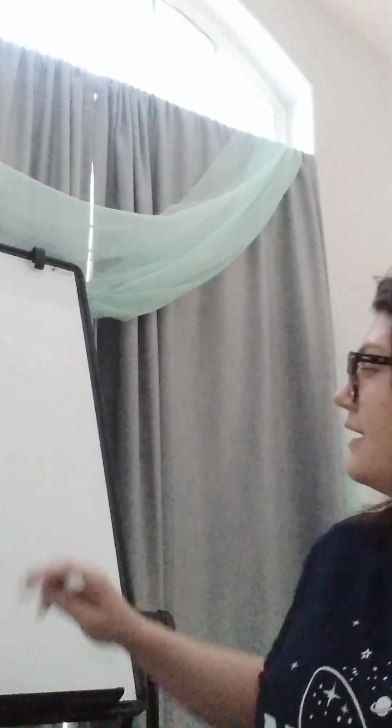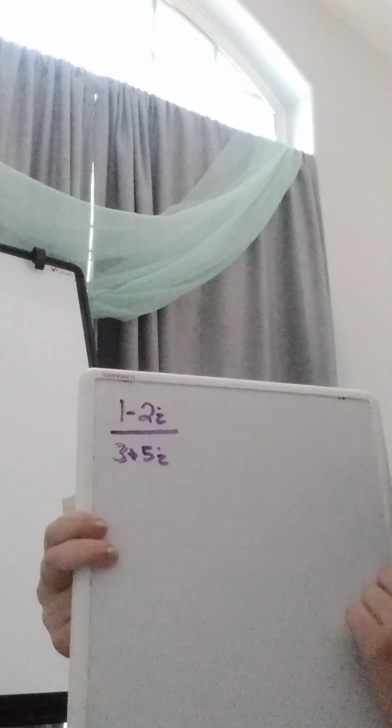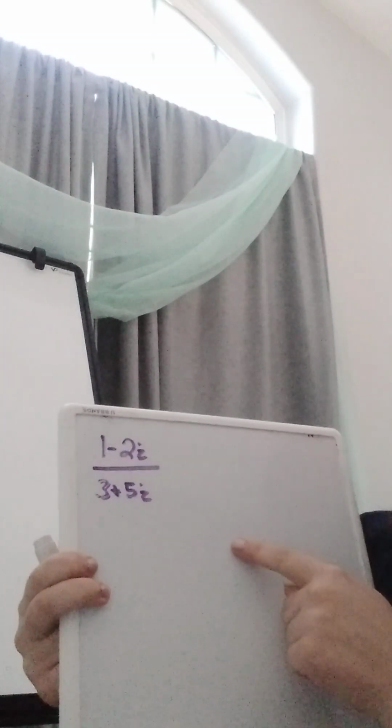Tack on that i. Do not forget the i. And then in the denominator we have 3 plus the square root of negative 25, so I'll have 3 plus the square root of 25 is 5, tack on the i. So this is now our problem. We have 1 minus 2i over 3 plus 5i, which looks a lot better than it did.